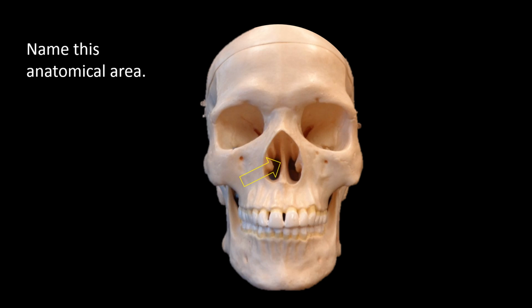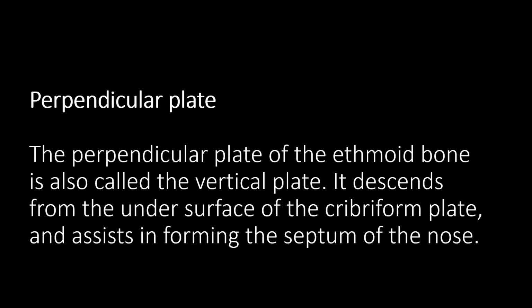Name this anatomical area. Perpendicular plate. The perpendicular plate of the ethmoid bone is also called the vertical plate. It descends from the undersurface of the cribriform plate, and assists in forming the septum of the nose.